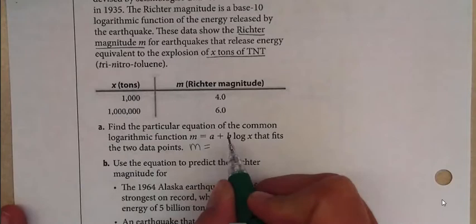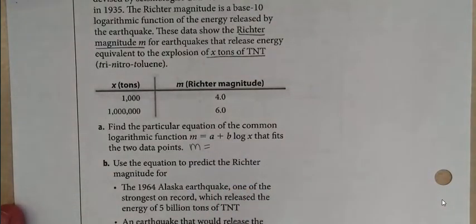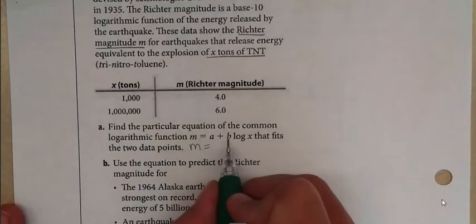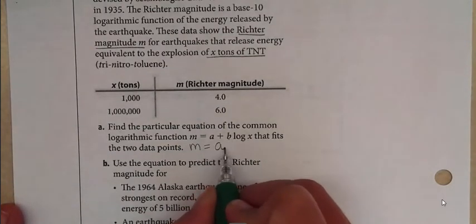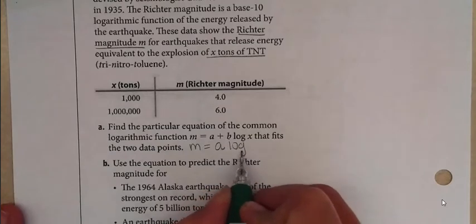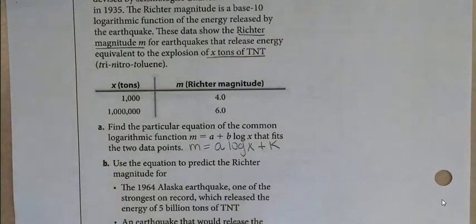And b is our stretch factor, or sorry, our dilation. So I am going to instead write a log x plus k, using the same standard equation that we used before, and using some variables that you're familiar with.